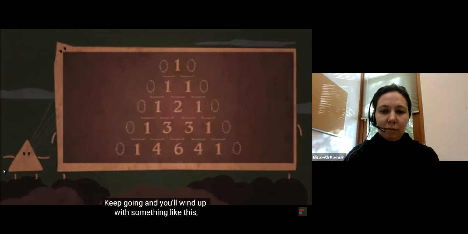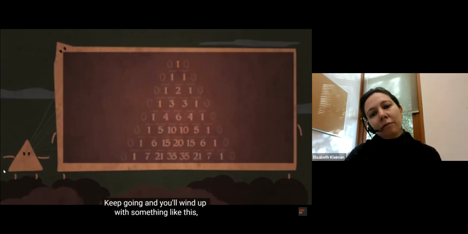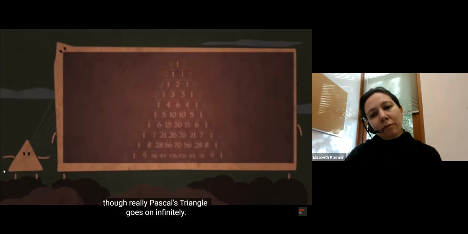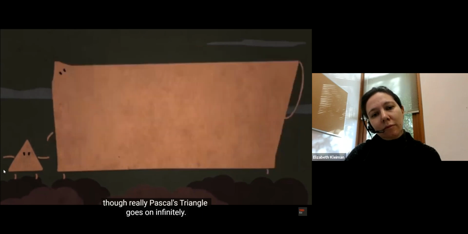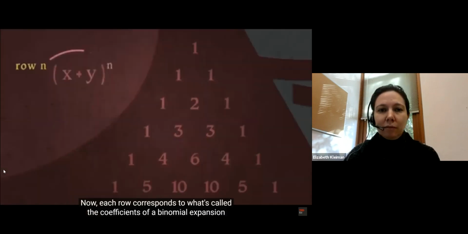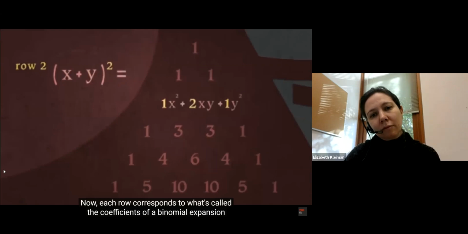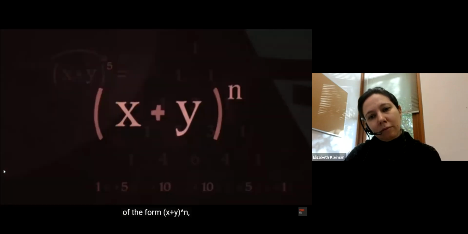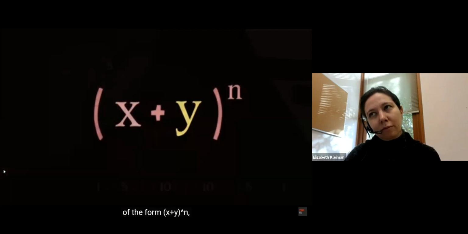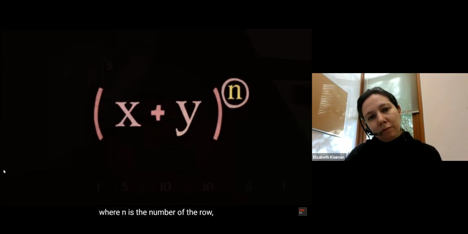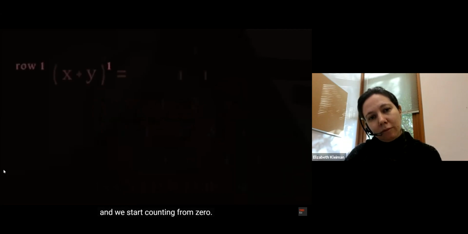Keep going and you'll wind up with something like this. Though really Pascal's triangle goes on infinitely. Now, each row corresponds to what's called the coefficients of a binomial expansion of the form x plus y raised to the n, where n is the number of the row, and we start counting from 0.